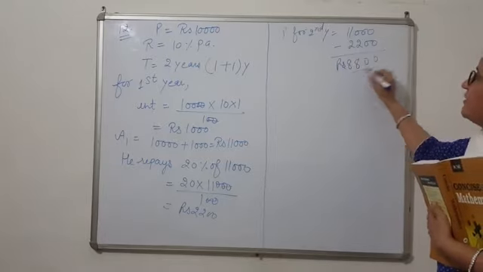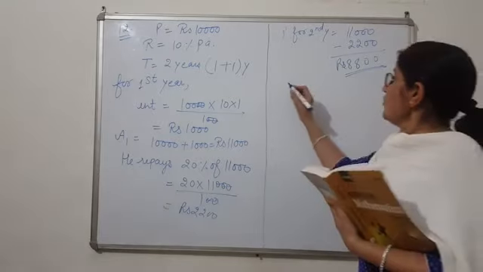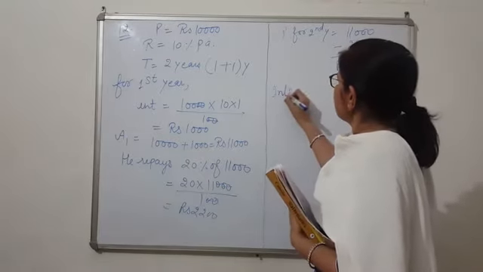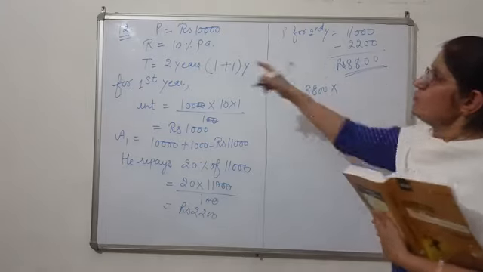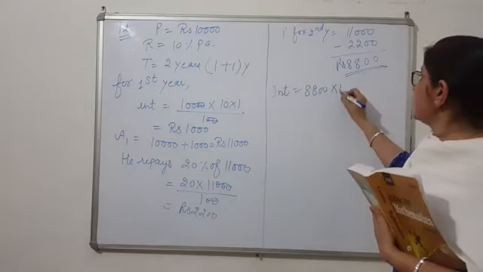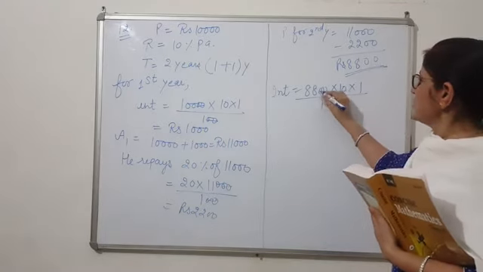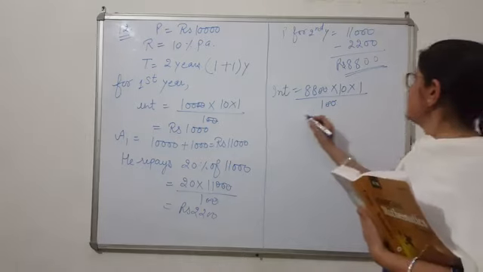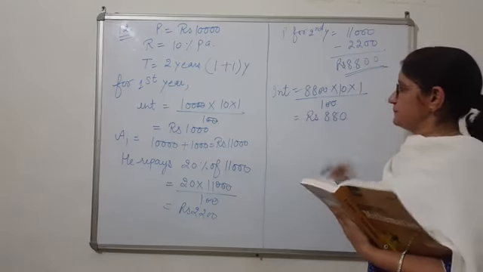Means 8,800 rupees will be the principal for the second year. So interest for the second year: principal 8,800 into rate 10%, time 1 year, upon 100. So these two zeros are cancelled. So interest is rupees 880.